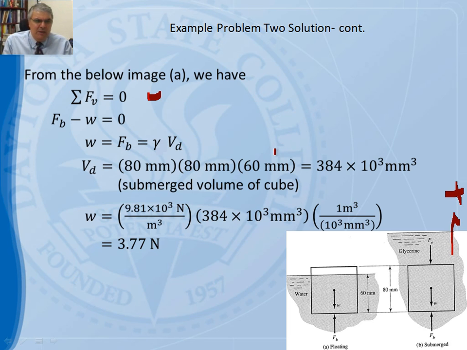You need to calculate the submerged volume of the cube for the first case, not the total, because we're only dealing with the portion that is submerged, not the entire cube. In that case, V sub D, the part of the object that is submerged, is 384 times 10 to the power 3 cubic millimeter.